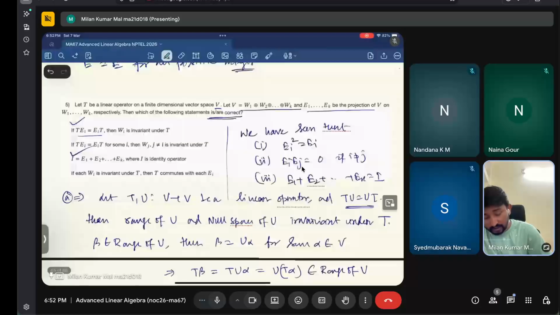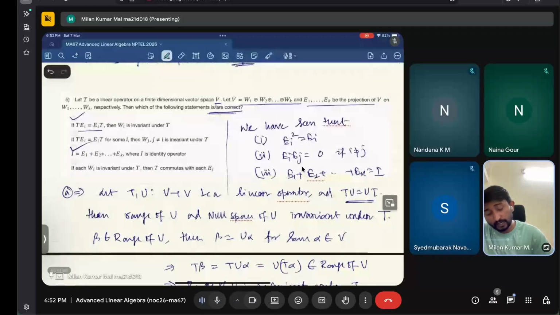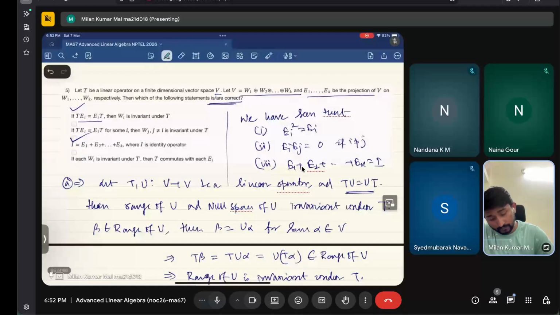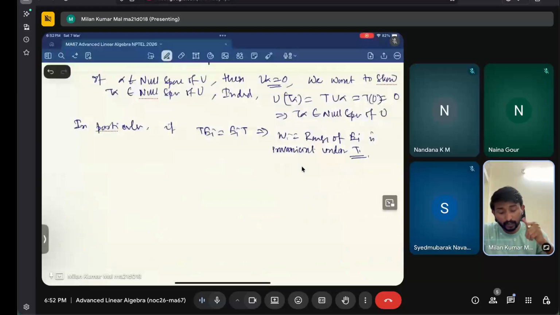In particular, if TEi is equal to EiT, that should imply that Wi, which is actually the range of Ei, is invariant under T. I hope this is what the first option means. So the first option is correct.